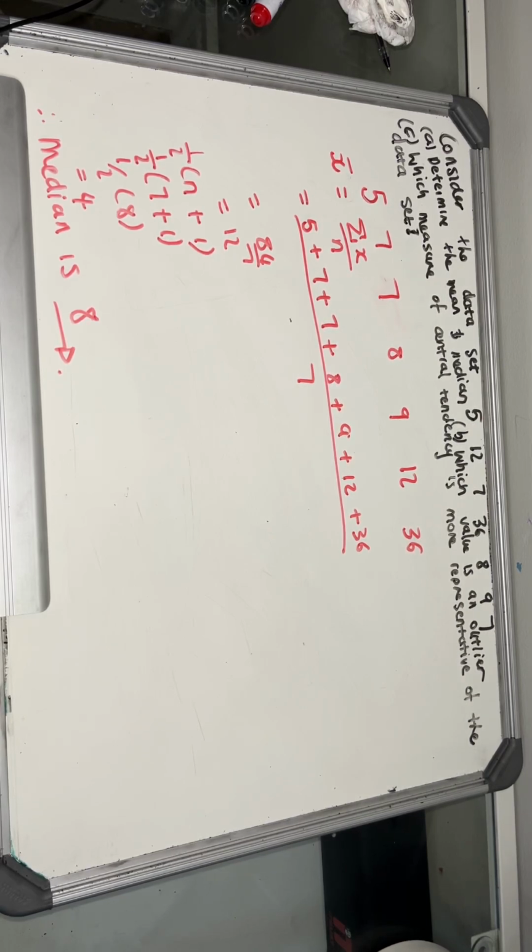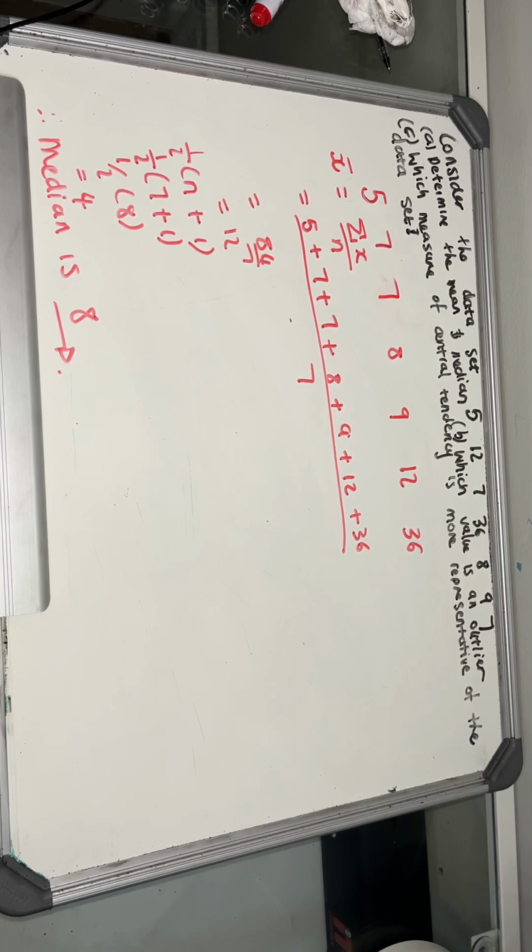So now we'll be answering question C again, which asks which measure of central tendency is more representative of the data set. I'll answer this one verbally, but I'll speak as slowly as I can, just in case anyone is writing. So remember, I told you that the mean is a good measure of central tendency when there is no outlier.